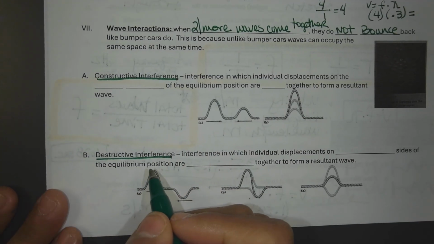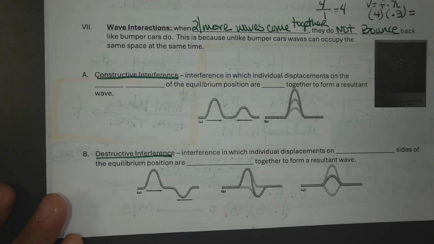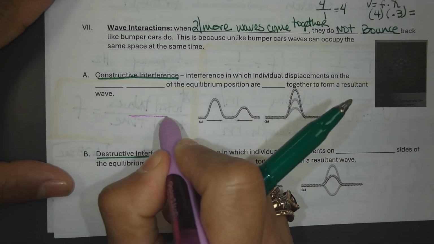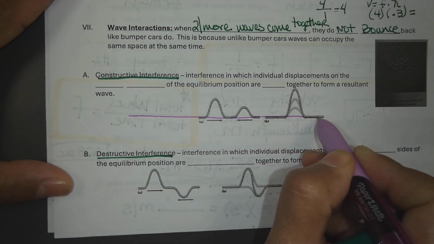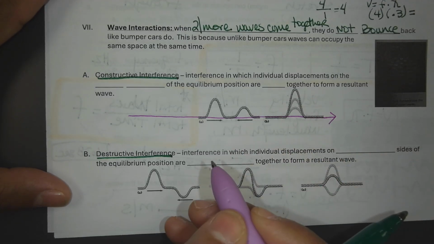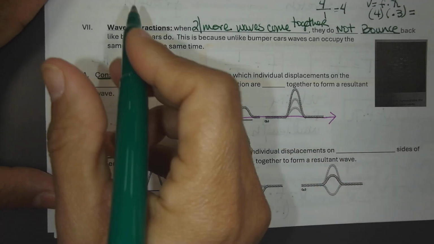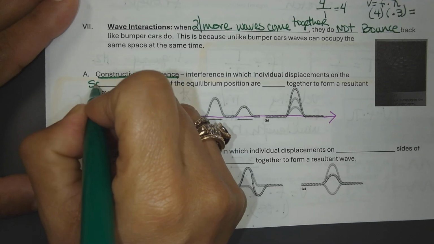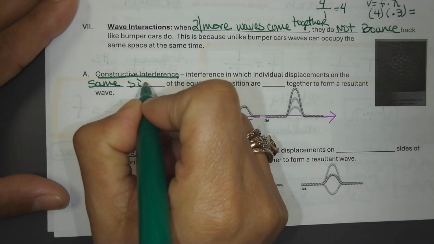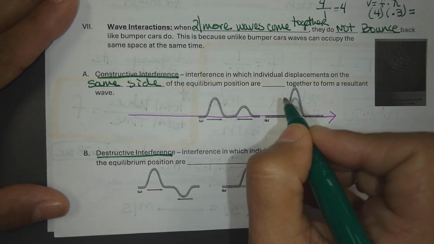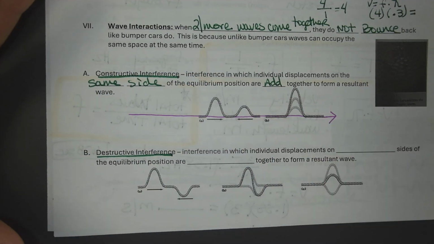Constructive interference is when the wave is traveling, and if this is the equilibrium, and they are on the same side of the equilibrium, then you add those waves together. You add the matter together because matter cannot occupy the same space at the same time, but a wave can.